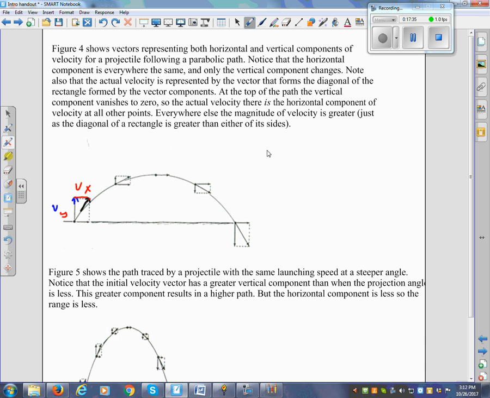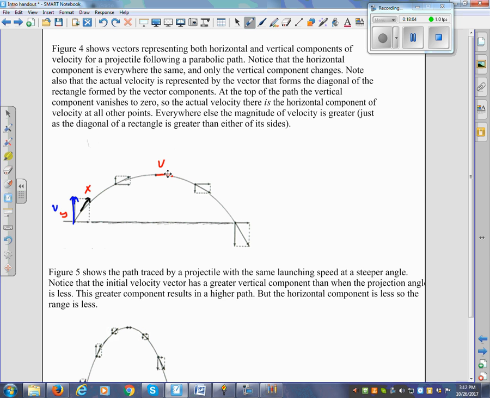What about VV? Does VY change? Of course it does, right? In fact, it goes from the biggest value to the smallest. Where is this thing moving the slowest overall speed? In the middle. Why do you say that? Because VY equals 0, but the VX stays the same.